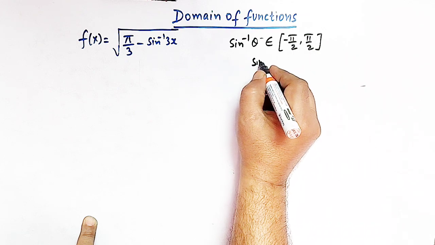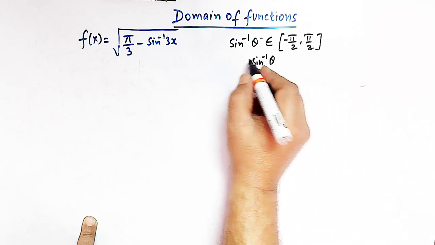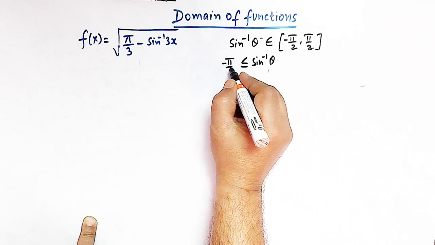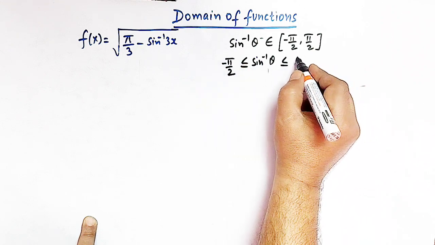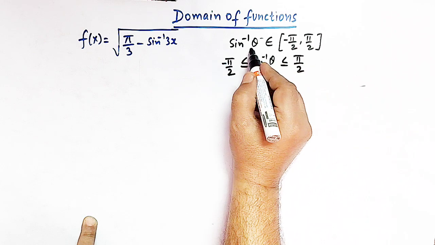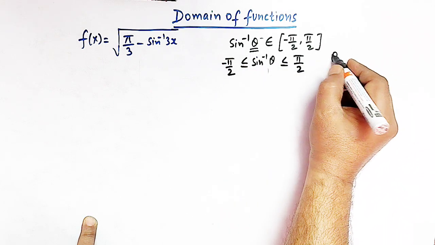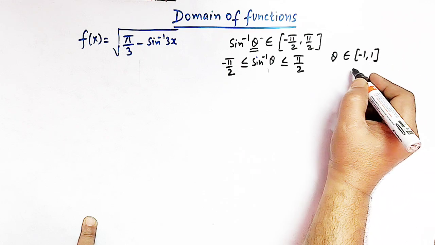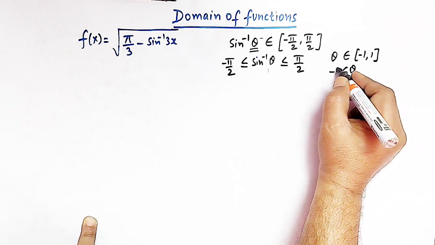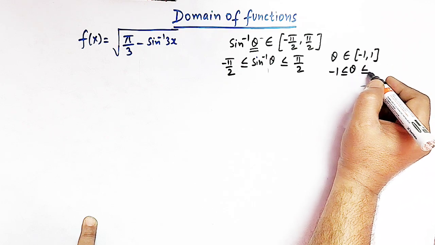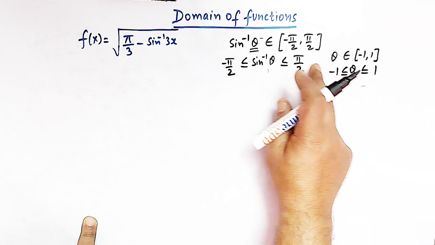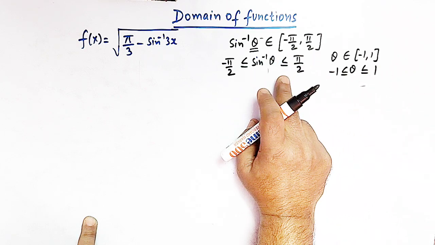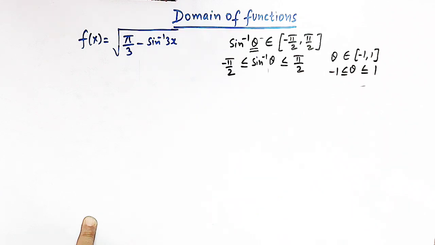We can also write it as sine inverse theta greater than or equal to minus pi by 2 but less than or equal to pi by 2, provided this theta belongs to the interval minus 1 to 1, that is theta greater than or equal to minus 1 but less than or equal to 1. So this is the information we have from inverse trigonometric functions, right?